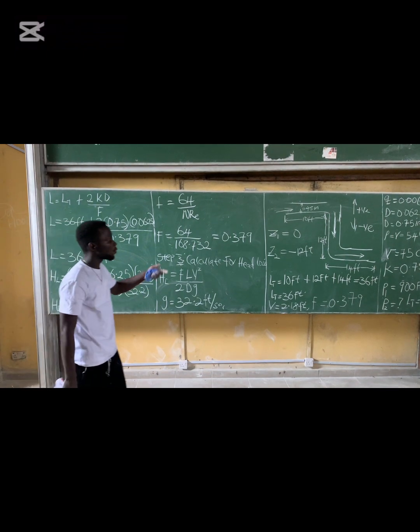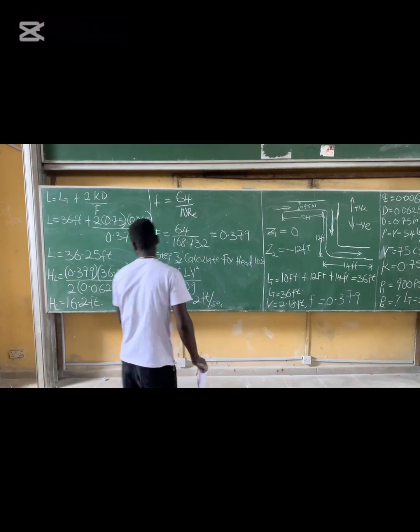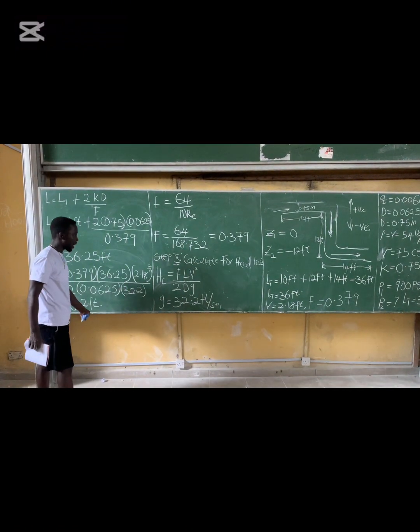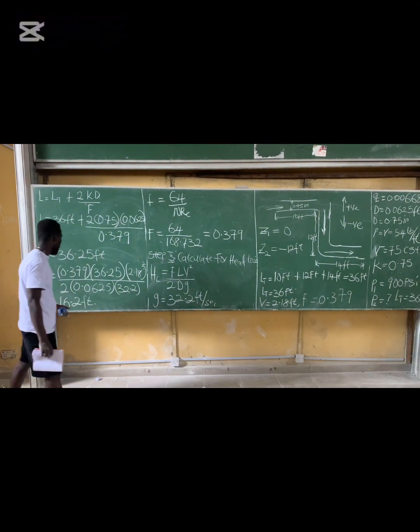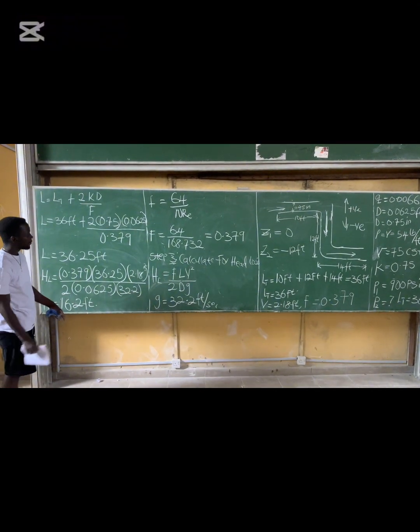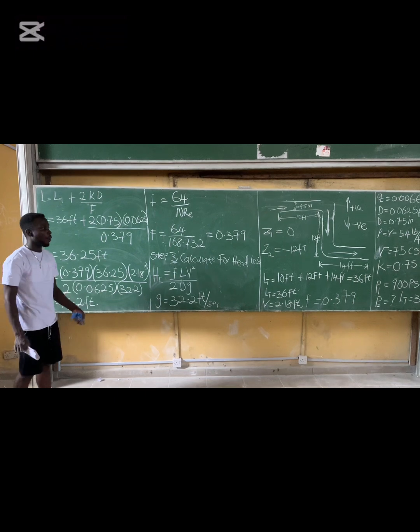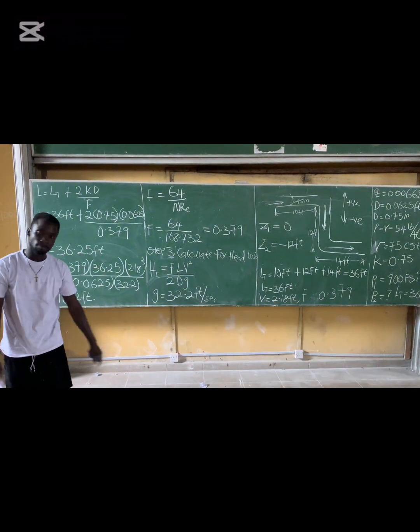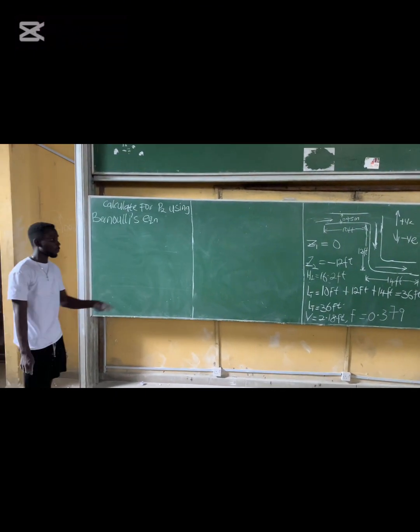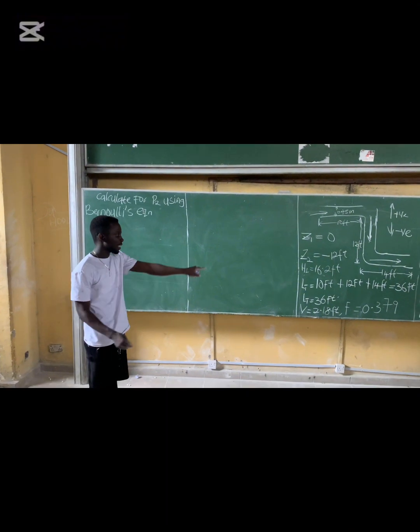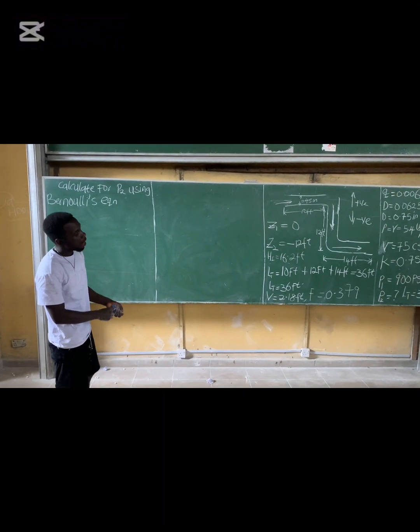Now the question says, what is our P2? We are not calculating for head loss, rather we are calculating for P2. So the next step, step 4, is to calculate P2 using Bernoulli. They gave us P1 as 900 psi.